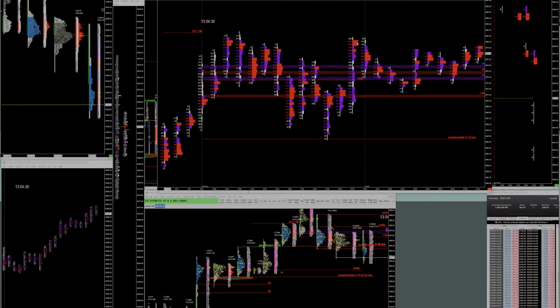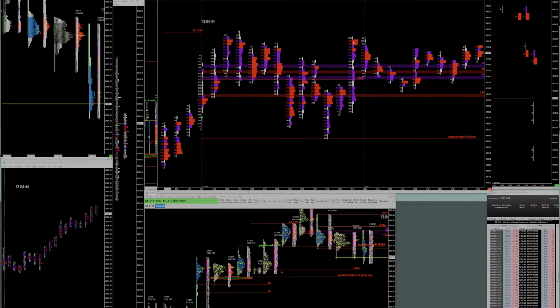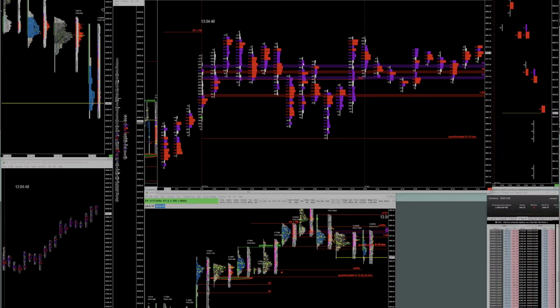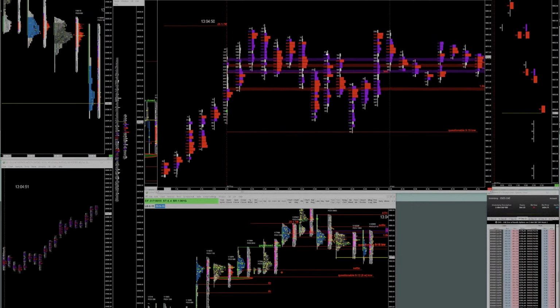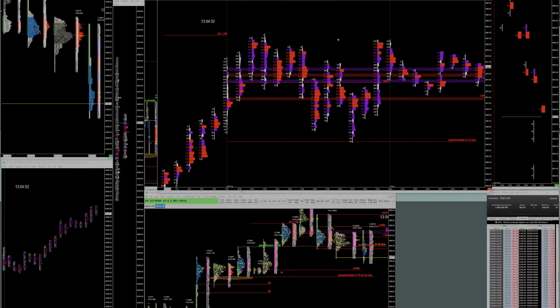Something interesting happening here, though. This happens to the upside, actually. Okay, this is 6680. This is an unfinished auction to the upside here. Now the market closes at the highs. Today did it? Yeah, closes at the high of the day, 6680.